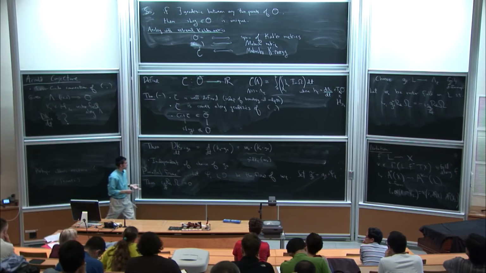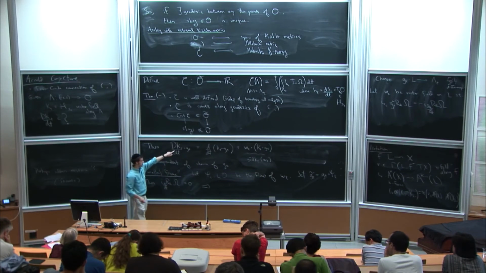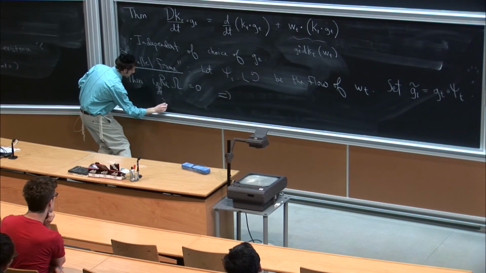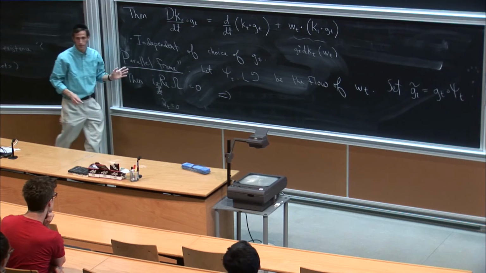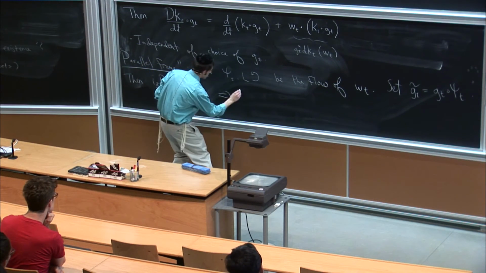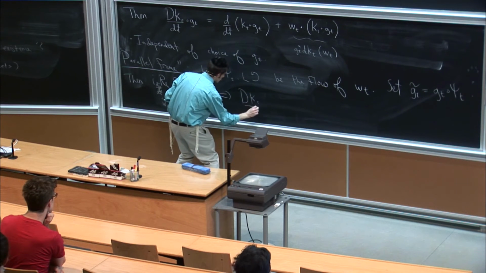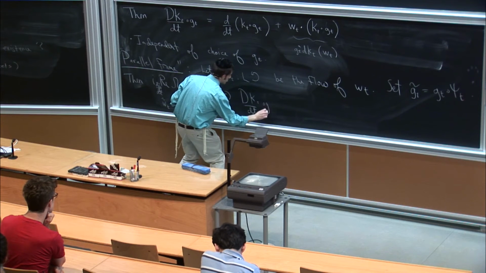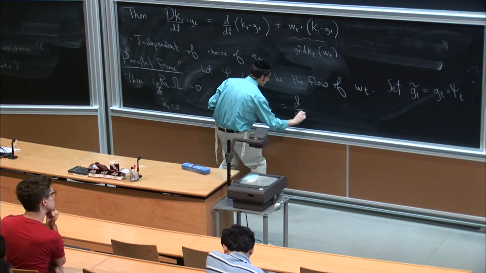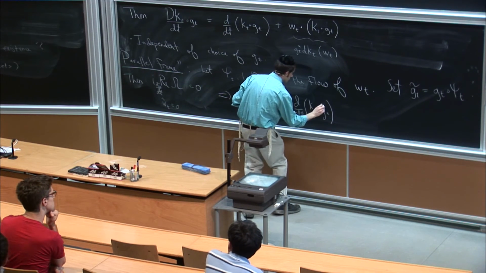So that means that when I compute the covariant derivative, the corresponding w_t tilde is 0, so then I can just look at the usual derivative. So then dk_t/dt composed with g tilde is just going to be equal to the usual derivative of k_t composed with g_t tilde.